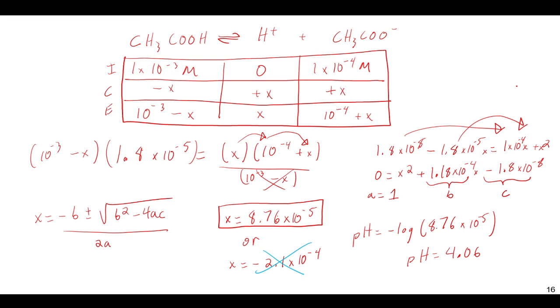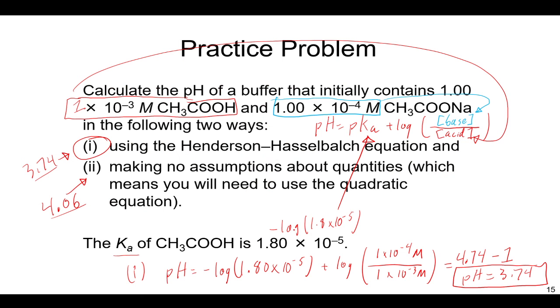These are pretty small concentrations, and if Ka is 10 to the negative 5, and my initial concentration is only 10 to the negative 4 or 10 to the negative 3, that's not going to be high enough to make the Henderson-Hasselbalch equation a good approximation.